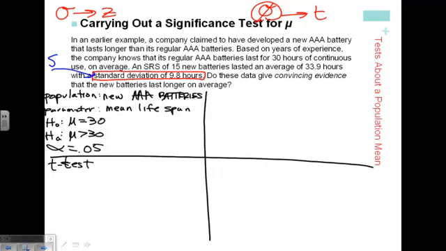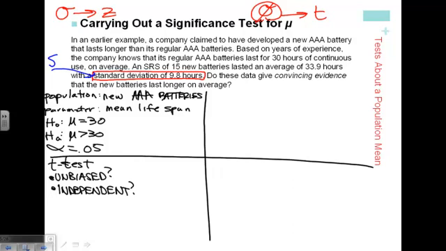And there are 3 conditions associated with the t-test. The first 2, we've gone over so many times, I'm going to gloss over it pretty quickly. Is the sample unbiased?